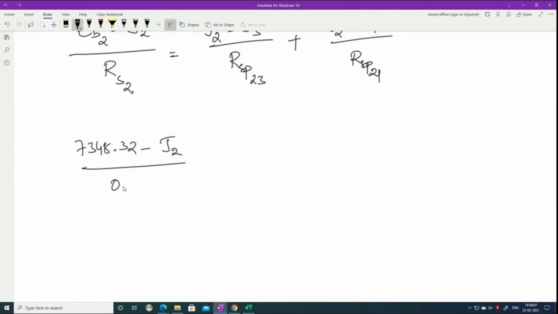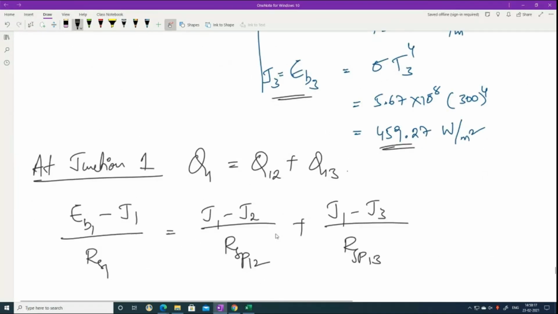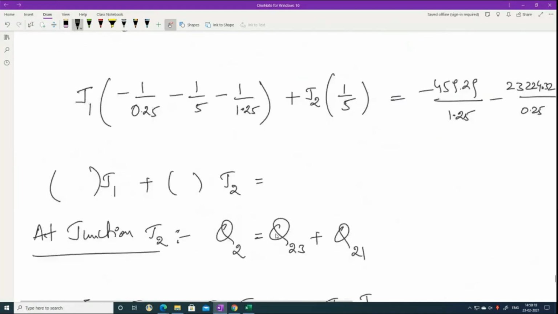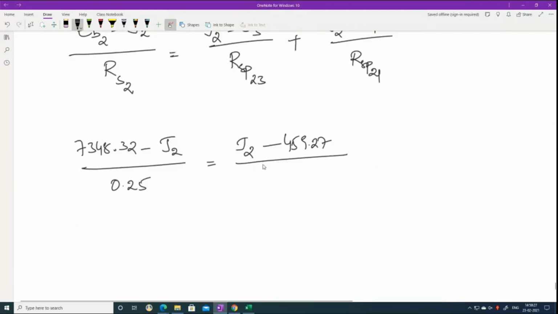RS2 is 0.25, equal to (J2 minus J3), where J3 is 459.27, by RSP23.